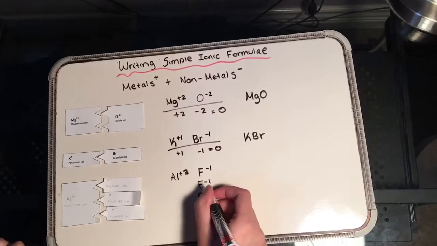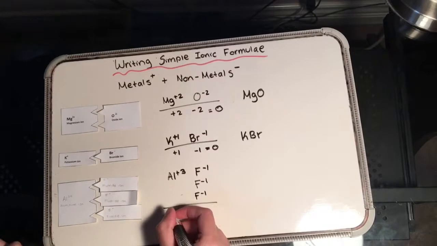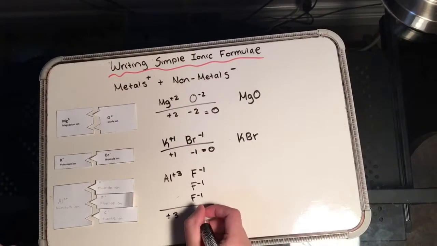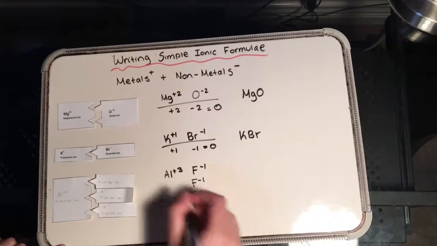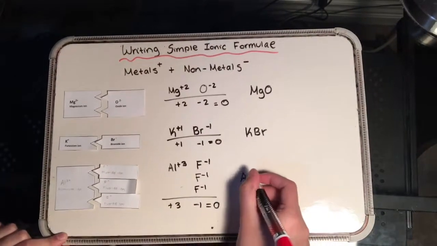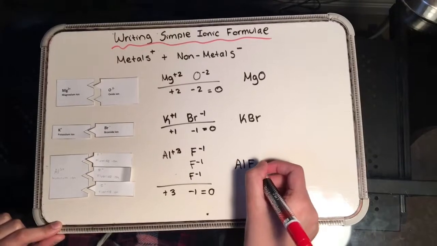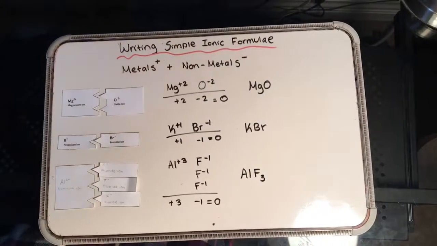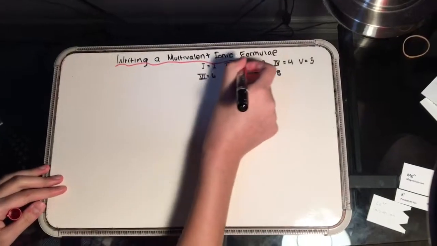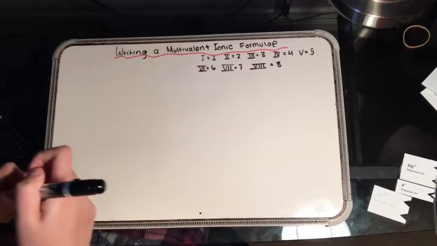So then we'll have a charge of +3 and -3, which will equal 0. So that means we are going to have 1 aluminum atom and 3 fluorine atoms. So it's AlF3.